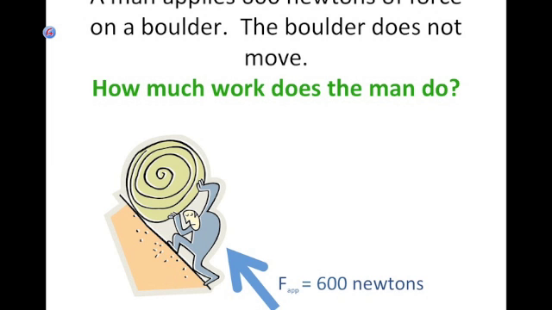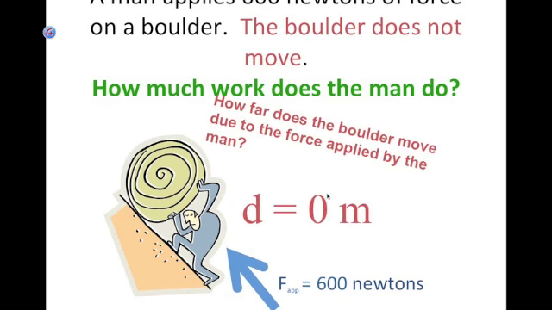When you watched the Eureka video, you learned some information that helps you solve this. We have 600 newtons of applied force on the boulder, but the boulder doesn't go anywhere. So the distance moved is 0 meters.